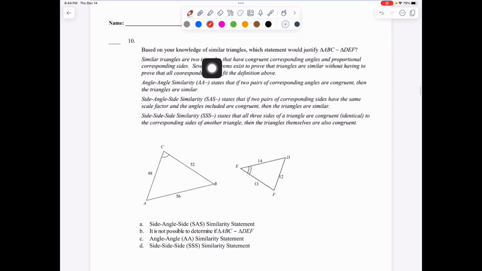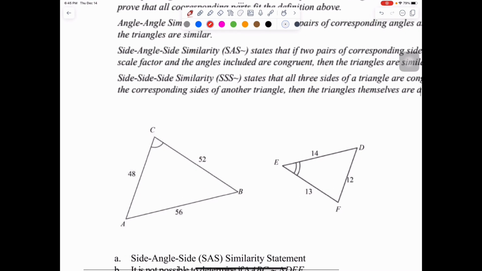Based on your knowledge of similar triangles, which statement would justify triangle ABC is similar to triangle DEF? We can take the long route home, but let's take a quick look. I'll highlight that C. That has one arch, but take a look. Oh my goodness, E has two arches. We do not have a pair of congruent angles.